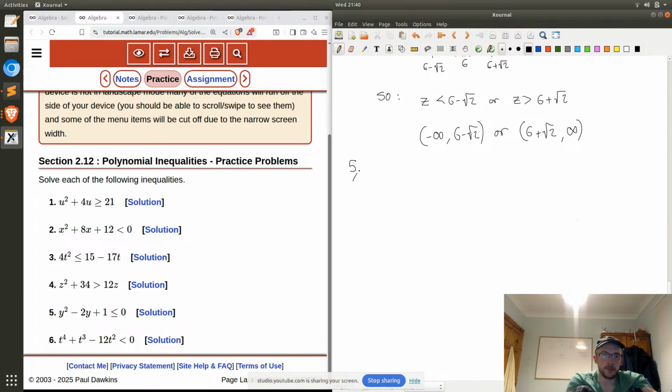Now for problem 5. We will check the answer to this one momentarily. Okay, so I have y squared minus 2y plus 1. That is a perfect square. It is y minus 1 squared.